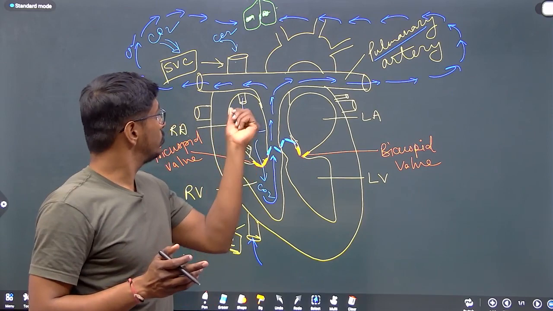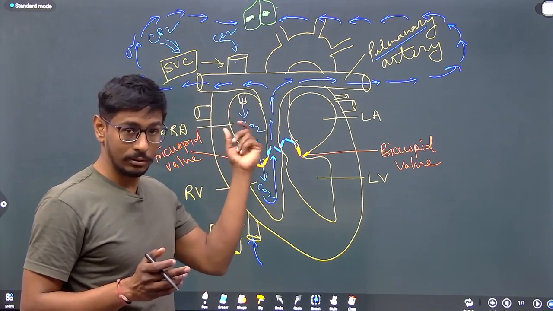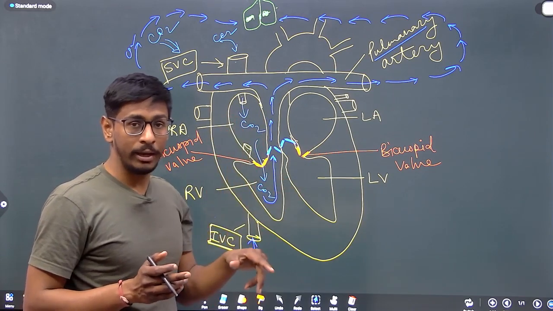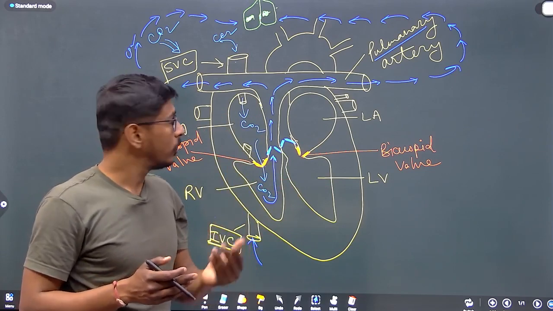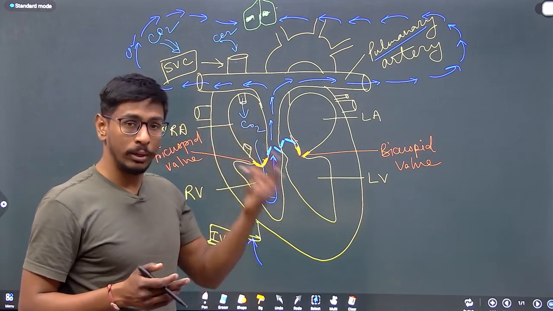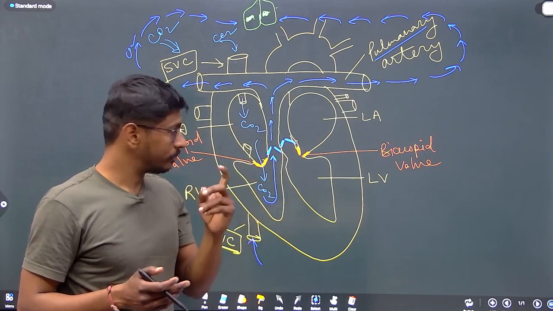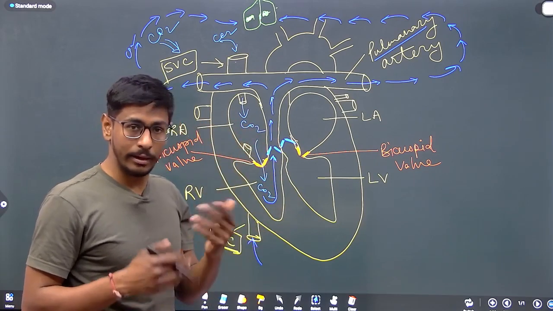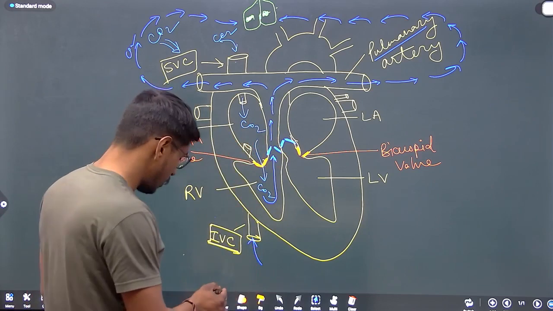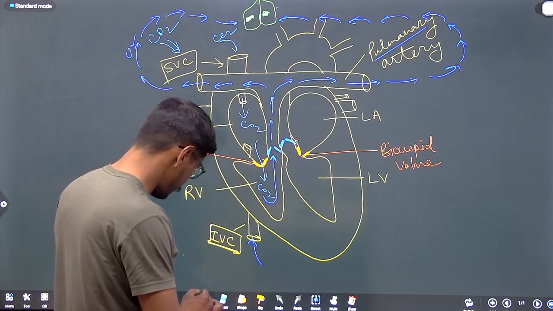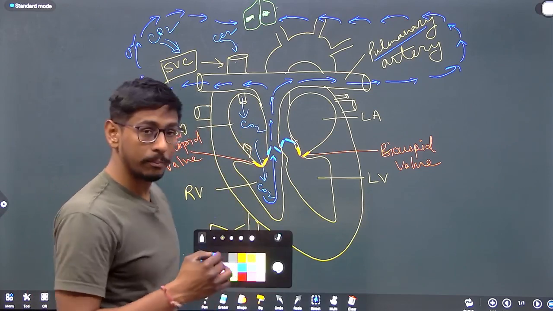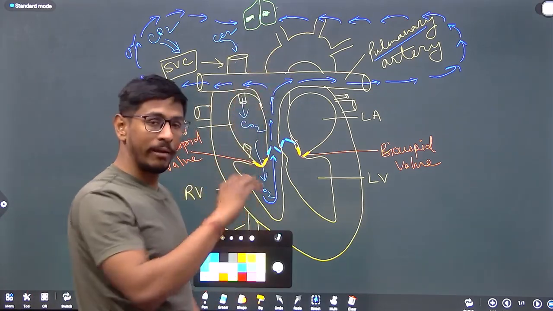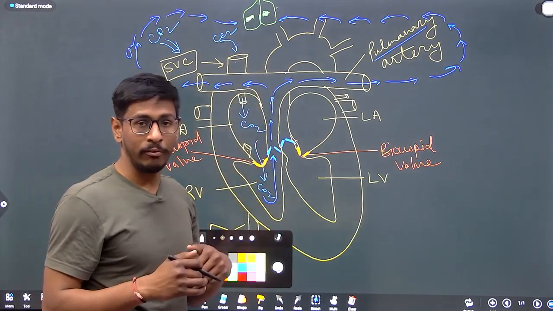The blood will go to the alveoli, and there the exchange of CO2 and O2 takes place. CO2 will be in the lungs and alveoli, and O2 will be in the blood. So CO2 we have exhaled out and O2 we have inhaled.